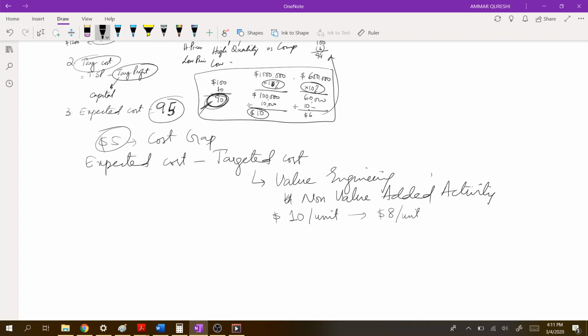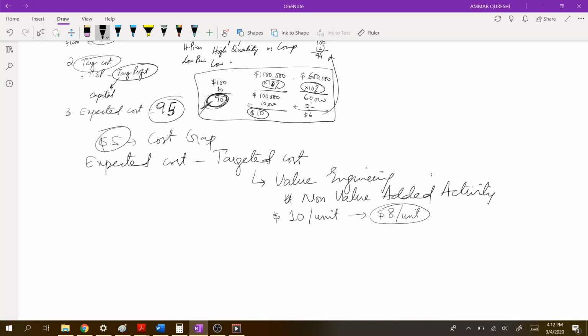So we transferred our cost reduction burden to the supplier, without compromising the quality, of course. The supplier will try to grab that big order from our company. That company may come up with different ideas to produce this component at a lower price. So we can motivate our supplier, give them some incentive in order to reduce that cost.